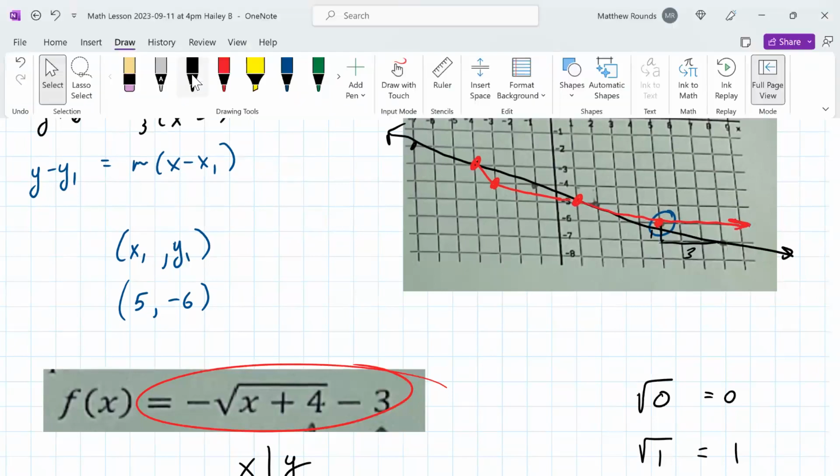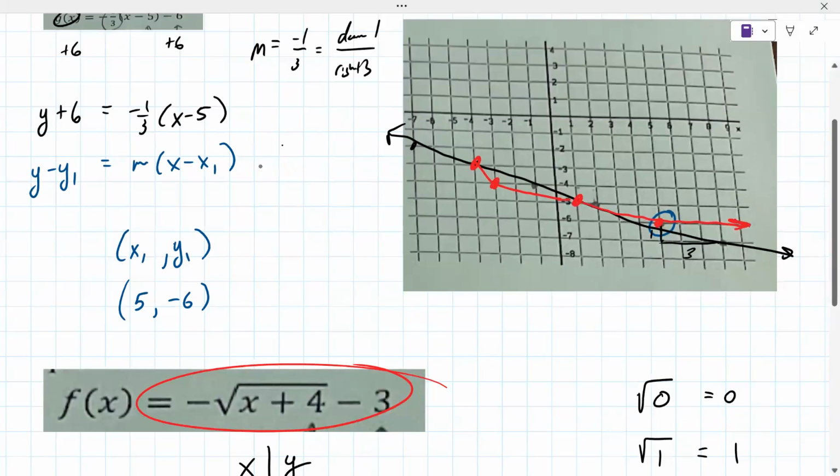All right, so I really feel like we should maybe do another root example or two. Is that okay with you? Yes. All right.